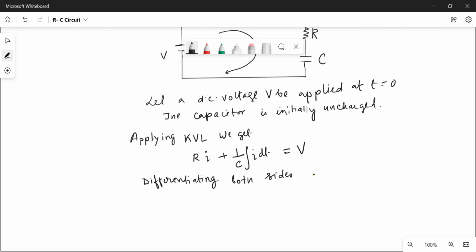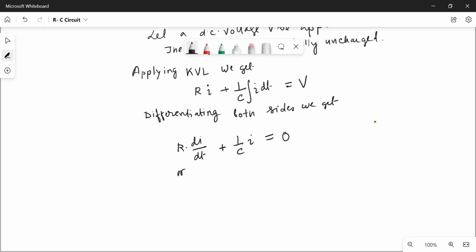So R di/dt plus 1 upon C i is equal to 0. So from this I can write di/dt plus 1 upon RC into i is equal to 0. So this one is equation 1.